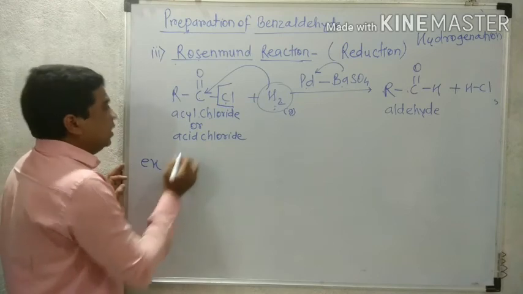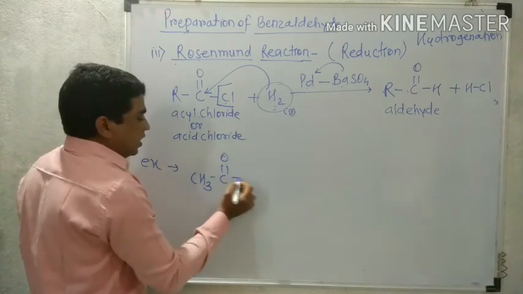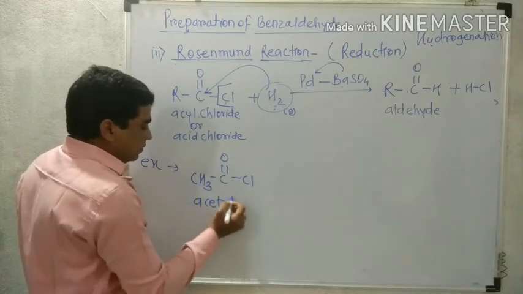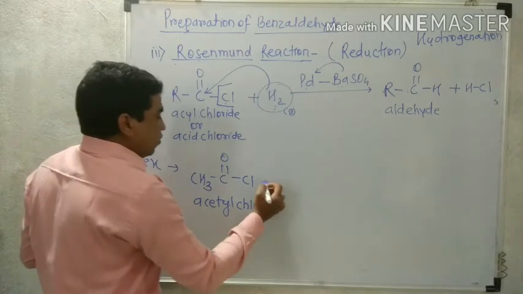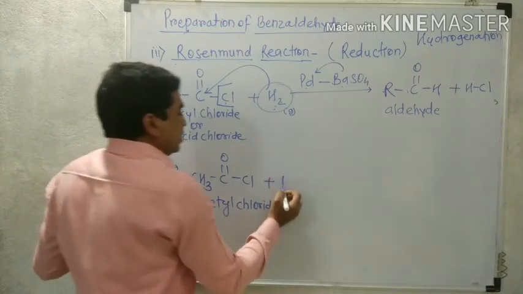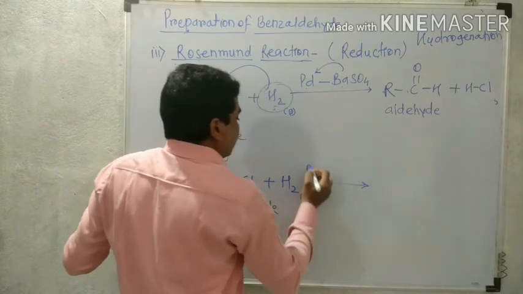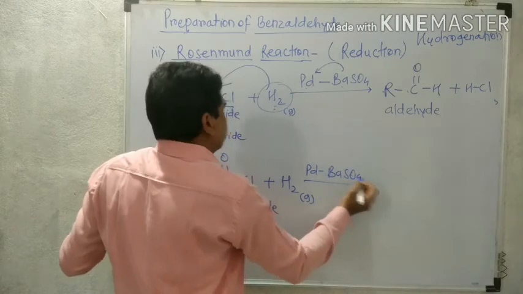For example, if we take CH3COCl, that is acetyl chloride, CH3COCl is the formula of acetyl chloride, which reacts with hydrogen gas in the presence of catalyst palladium supported on barium sulfate.